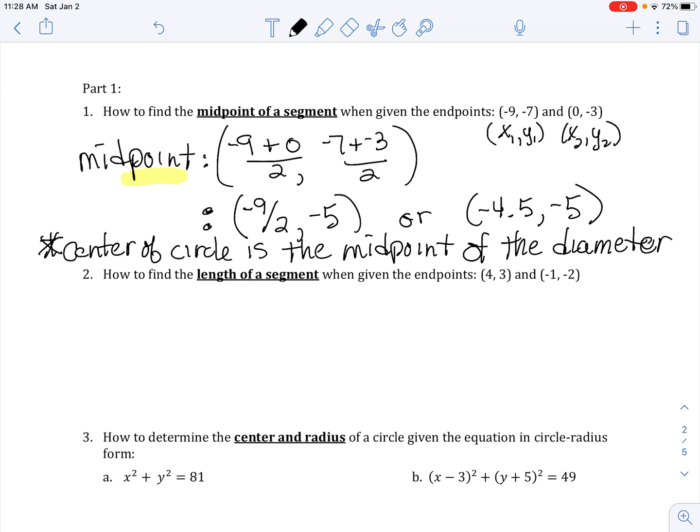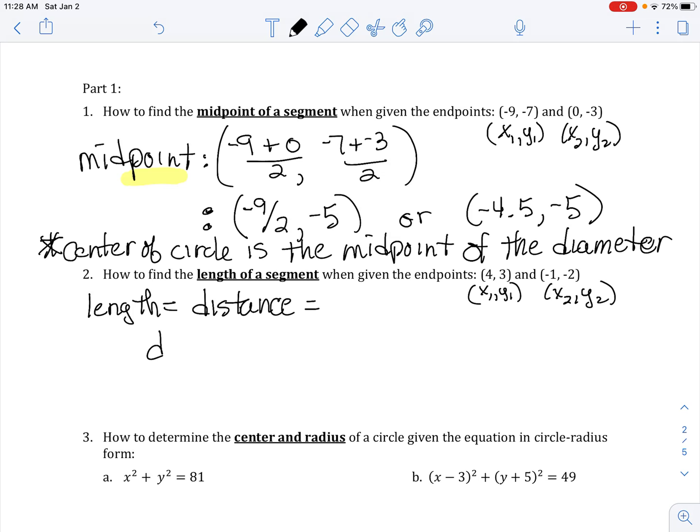How to find the length of a segment when given the endpoints. The length of a segment, another word we use is the distance between those 2 points. So again, we're going to let this one be x1, comma y1. It doesn't matter. And this point be x2, comma y2.